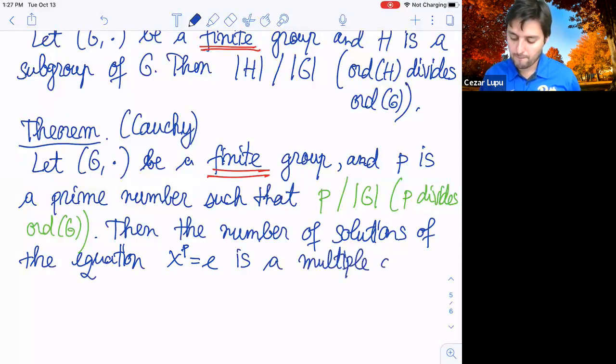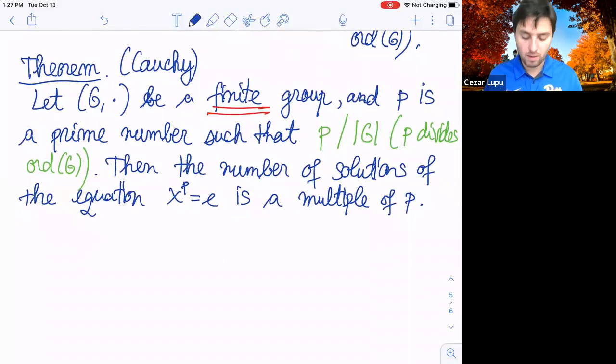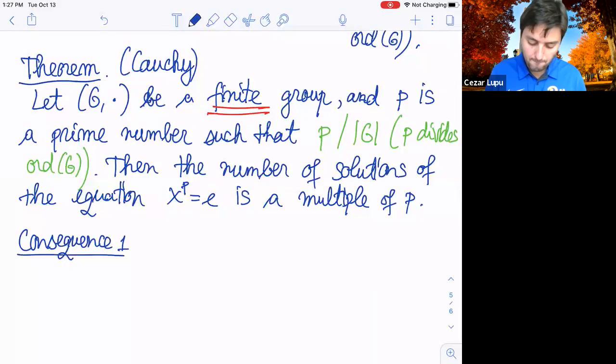In other words, I'm just going to write some consequences. So I want you to look at the theorem. Consequence 1 is the following.